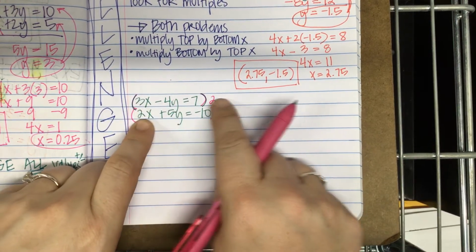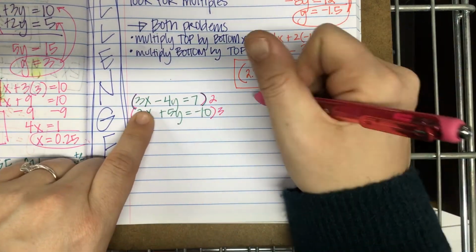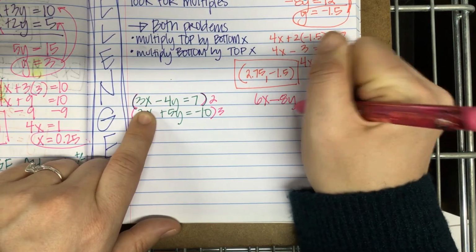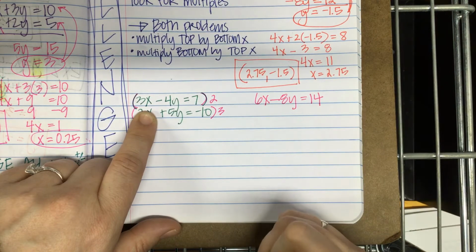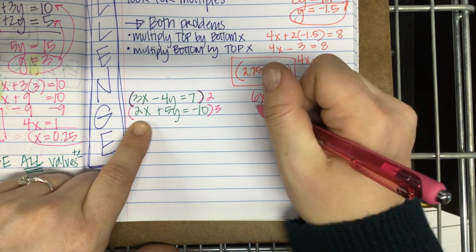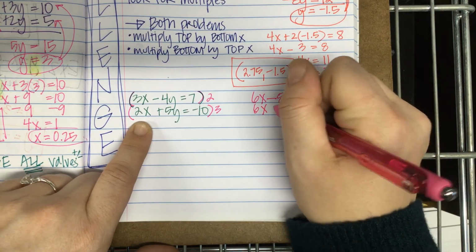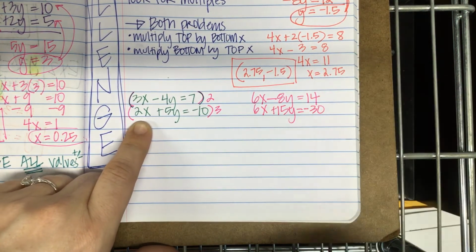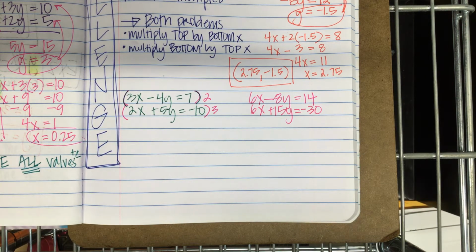So what does my new top equation become? And what does my bottom equation become? Ooh. We can make it negative. Now nothing cancels out yet.